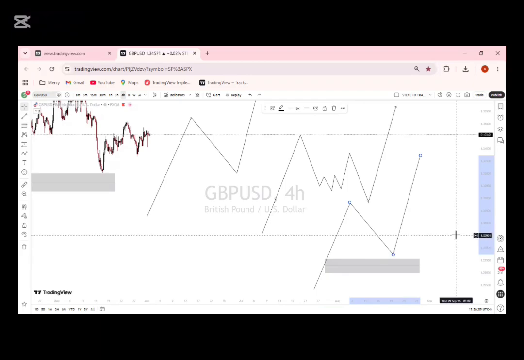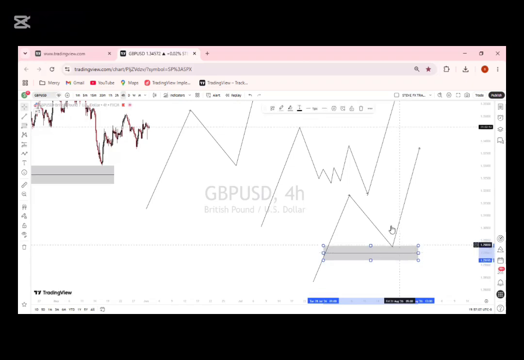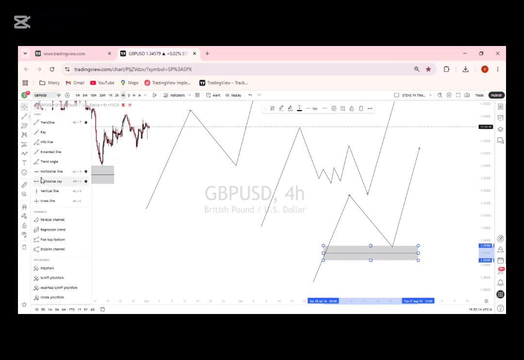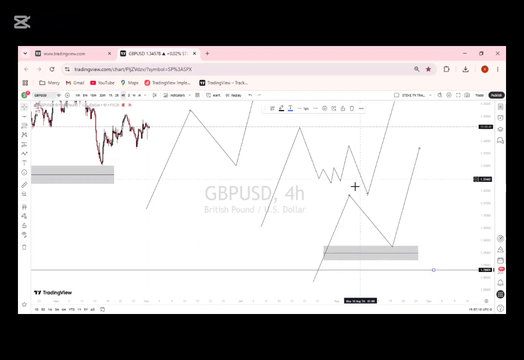Because when you understand that this particular area is an RTO zone where orders are being left, let's say you have your entry at this particular point, and then you see that the market has pulled back almost to your entry level.